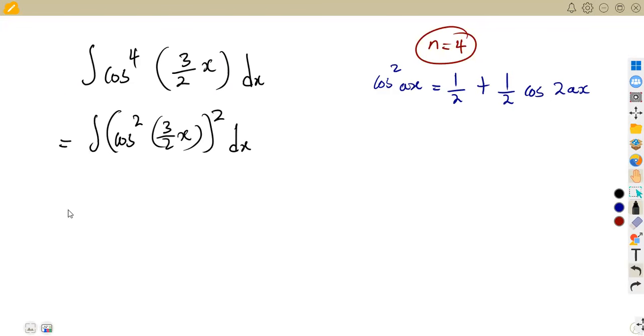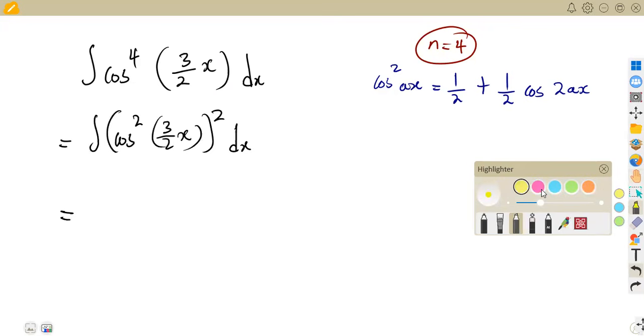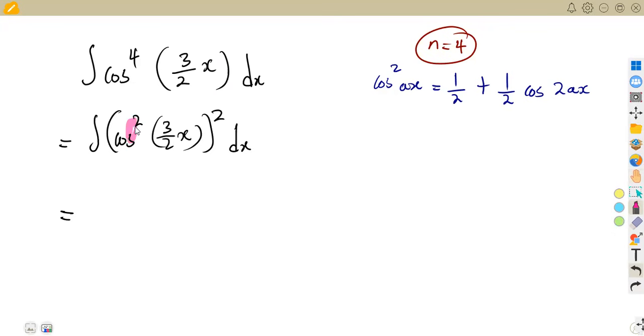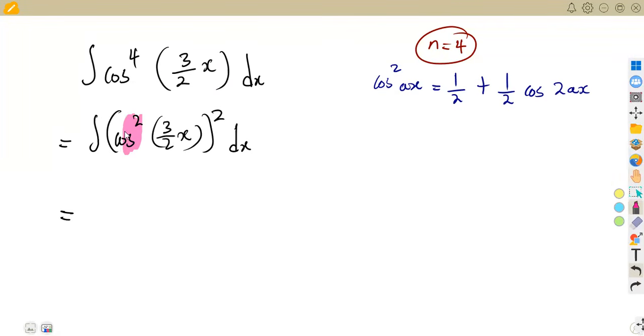Now, what is the equivalent of cos squared? Let me try, maybe it's going to make sense. No problem, as long as we see what I want you to see.